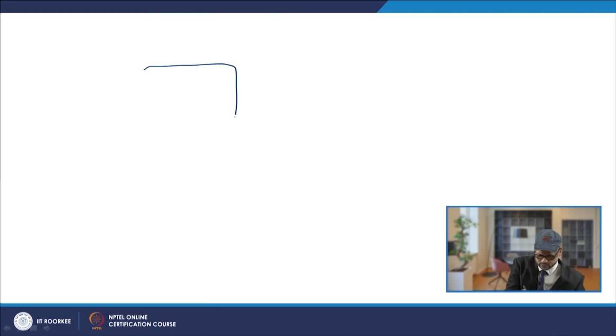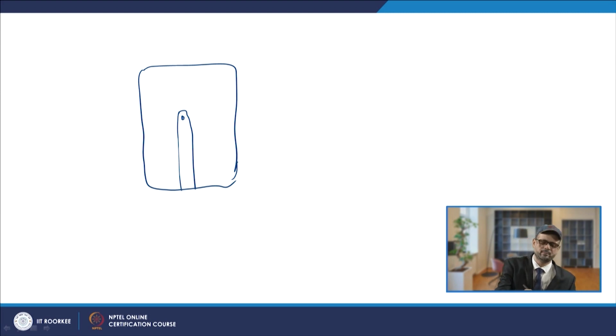We can further understand this by looking at a plate on which you are doing the welding. Suppose this point is your melted region, and you will have different zones.